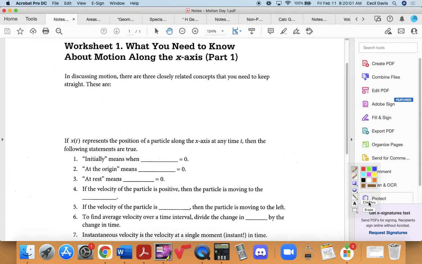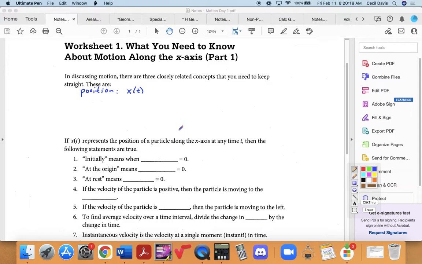So there are three related concepts that you have to keep straight. These are position. And if we're moving along the x-axis, this would be x of t. And then there's velocity.